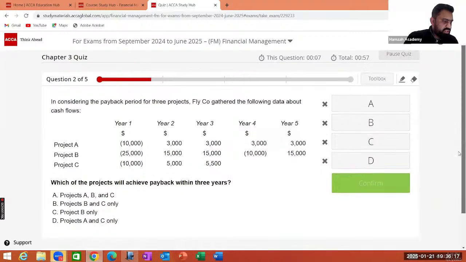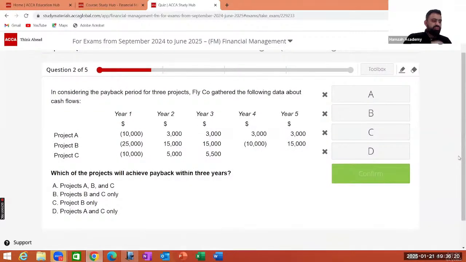Now, in considering the payback period of 3 projects, Fly Company gathered the following data about cash flow: Project A, Project B, and Project C. Now the question is, which project will achieve payback within 3 years?